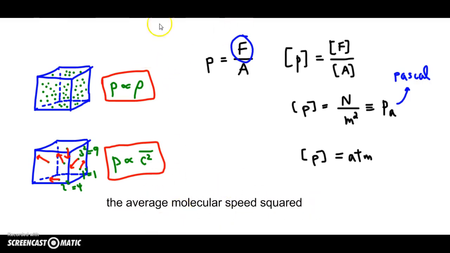And when we say molecular speed, we're talking about the speed, the average speed squared of one molecule in the gas. Of one molecule. Pretend that says molecule. Use your imagination, right? So that's what we know about pressure.